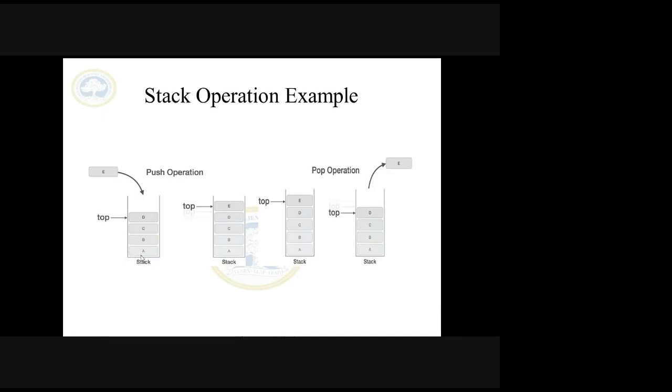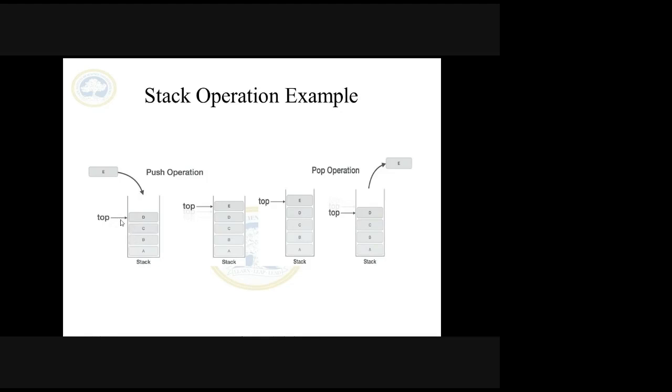Again when you want to insert, top plus plus makes top 1, so B will be inserted. Now the indices are 0, 1, 2, 3, so my current top is 3.